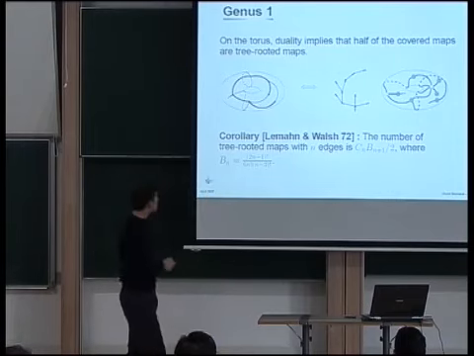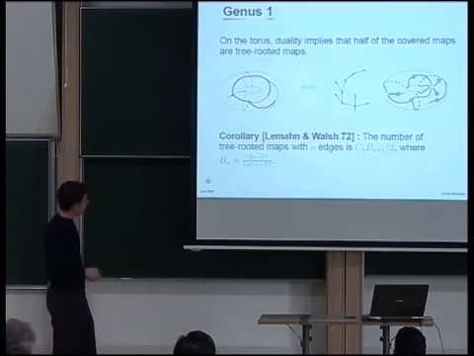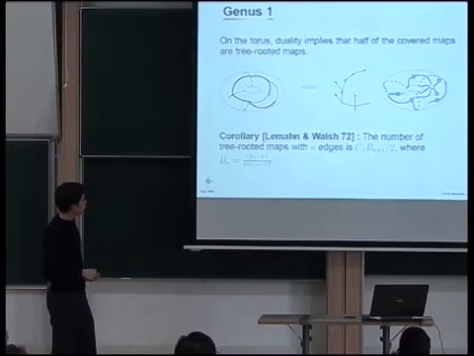So the number of tree-rooted maps is half the number of covered maps, and the number of covered maps you can determine because you know the number of trees and the number of bipartite unicellular maps, and you recover like that an unexplained formula of Levin and Walsh.